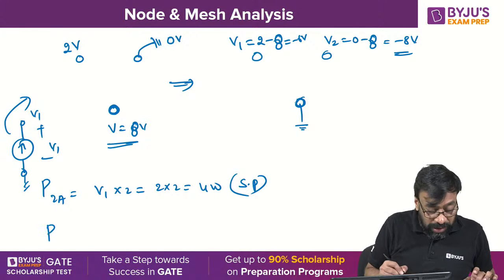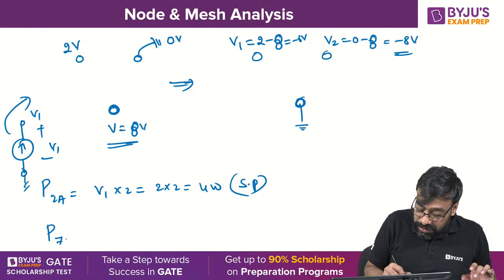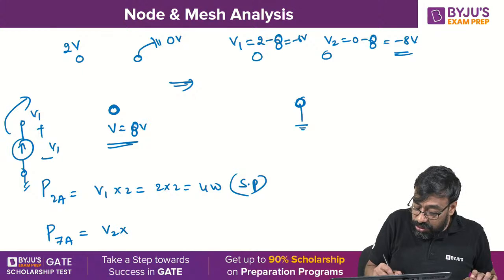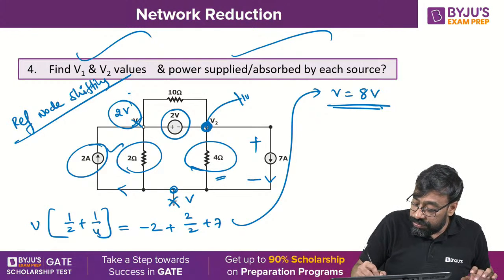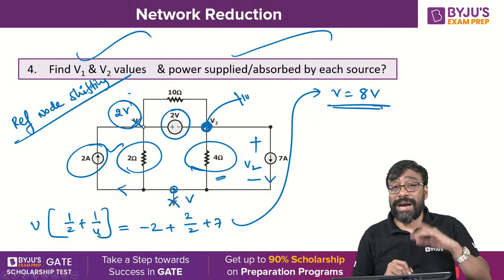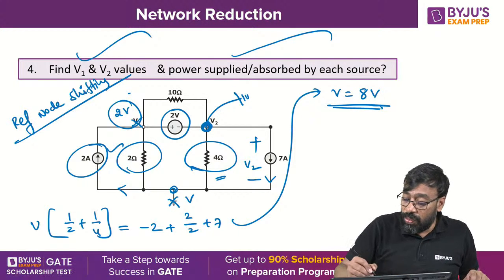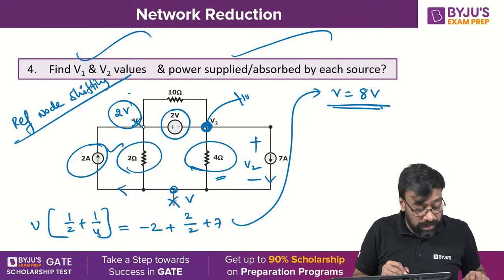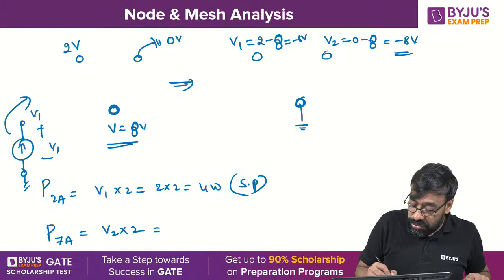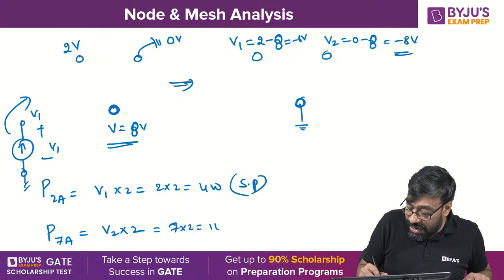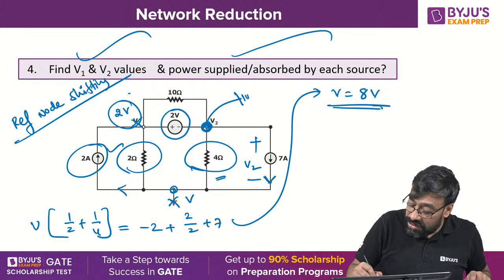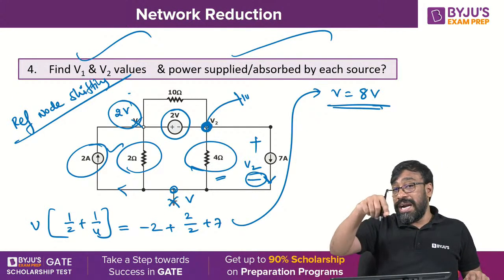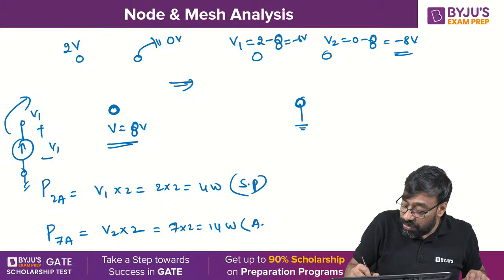Power of the 7 ampere source is V2 into 7, because this is V2, right? Yes or no, all of you, go back to the original circuit. So what is this 7 into V2? 7 into V2 means 14 watts. But current is leaving from what? Negative. Here, look at this, negative. That means it is entering into positive, that means it is absorbed power.